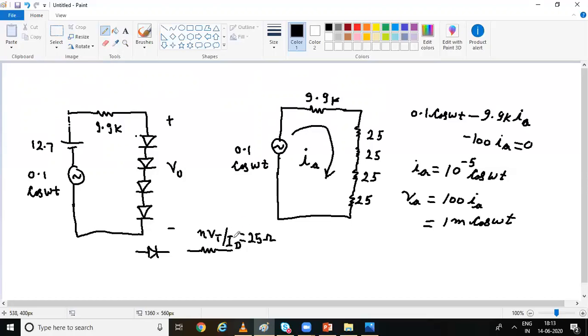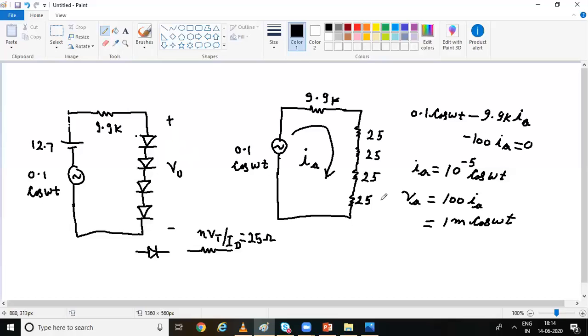And this Id is the diode DC current, which we have already calculated in the DC analysis as 1 milliamp. So here 25 millivolts by 1 milliamp is 25 ohms. So we got the value of this resistor as 25 ohms. I have replaced this diode with the 25 ohm resistor. So all these four diodes will be replaced with four resistors of the value 25 ohms.